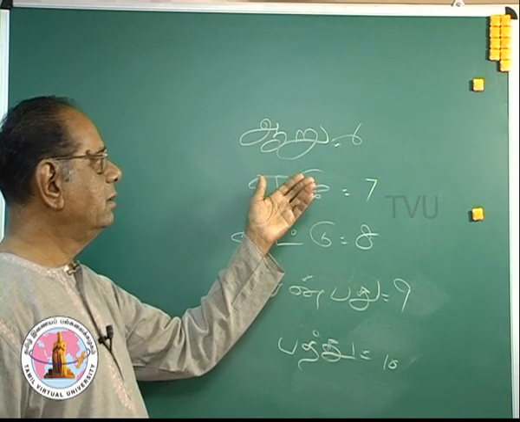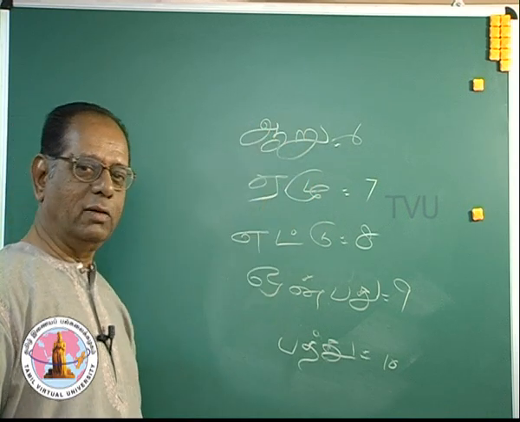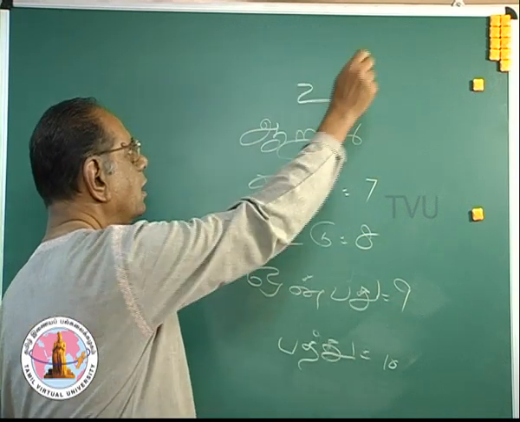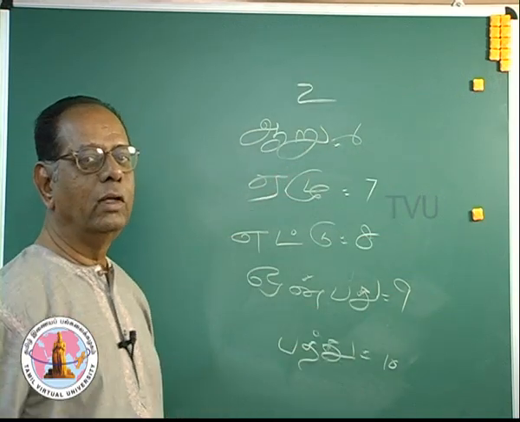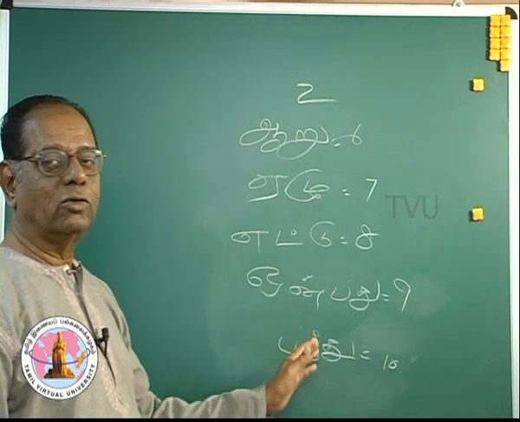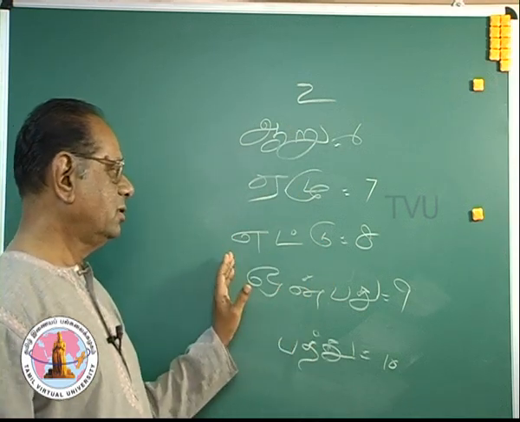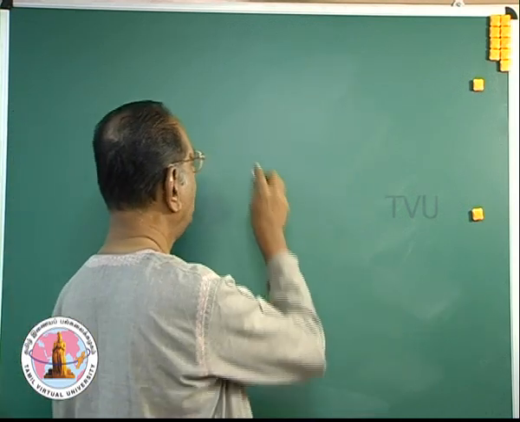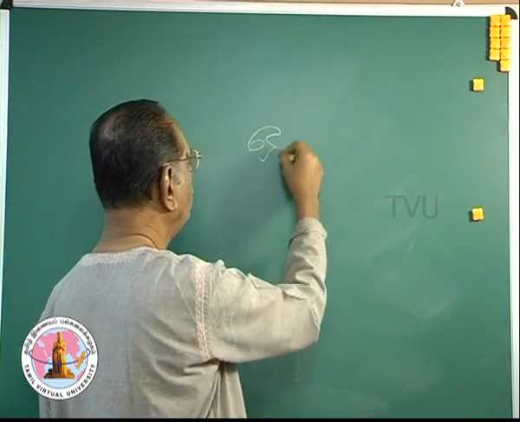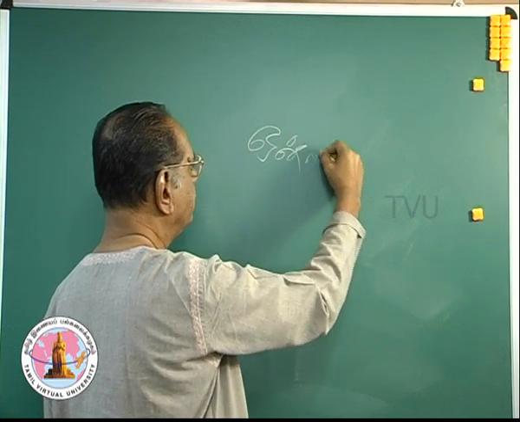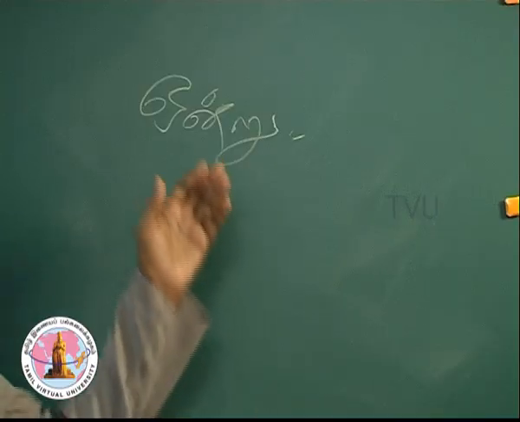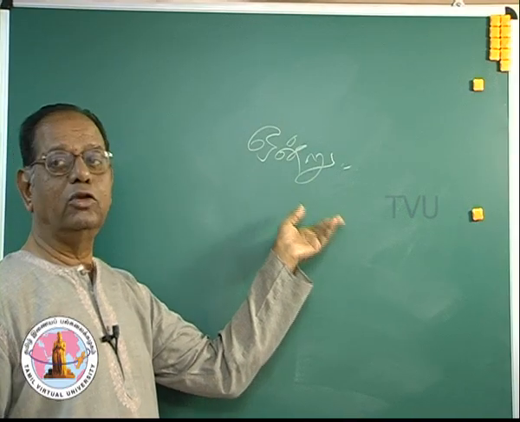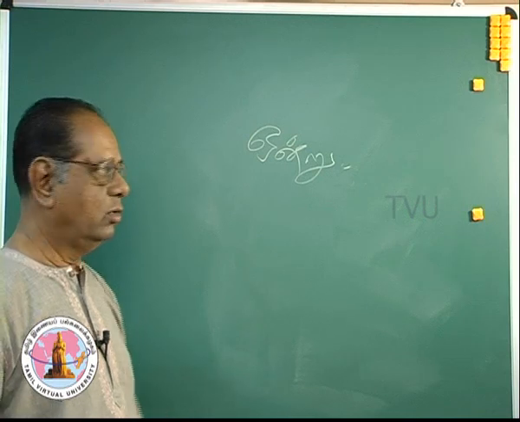You will find all these numbers ending with the vowel u. That is why we discussed all these words under the u category. The first number is onru, one. This is a number and this is being used as a numerical adjective also.